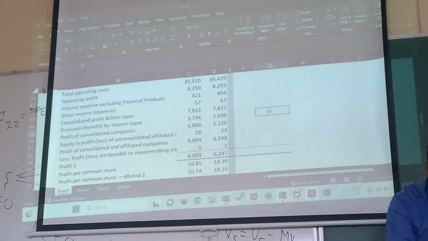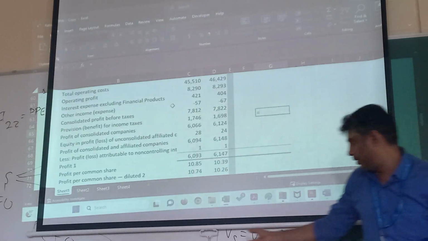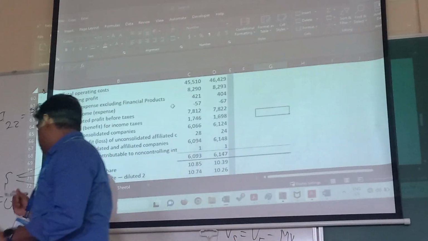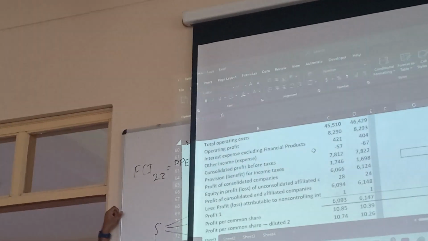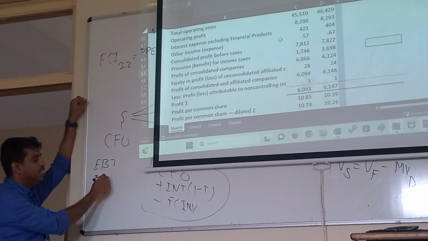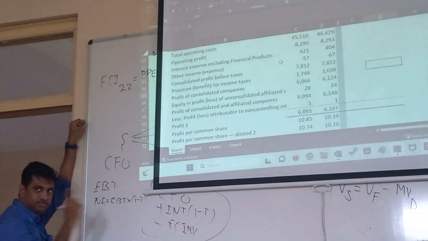Okay. Guys, one mistake you will be doing is you might think that you can find this income tax. Do not do this mistake. You may find income before tax, EBT, as one amount. And then net income is basically EBT times 1 minus tax.